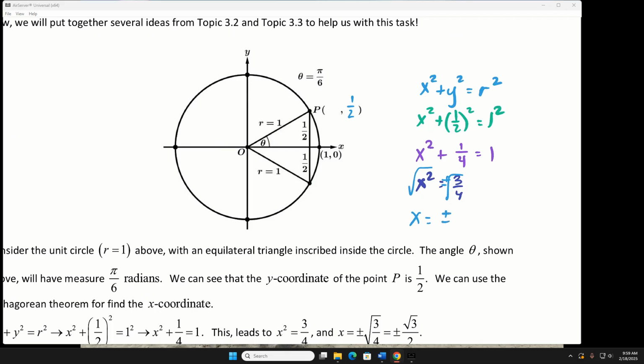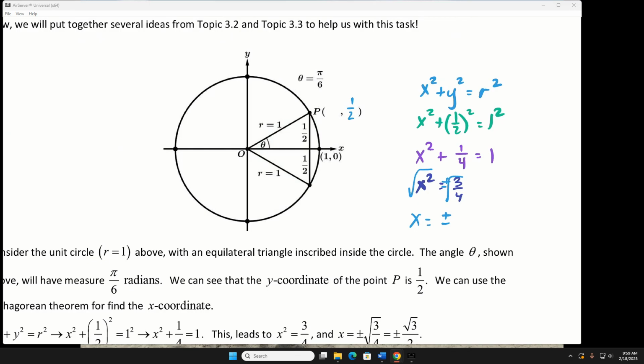Do you guys know how to find the square root of a fraction? You just take the square root of the numerator, which is the square root of 3, which won't simplify, and the square root of the denominator is just 2. So there are 2 possible x's. Which one is it going to be, the positive or the negative version for point P? It's going to be the positive. Good job, guys.